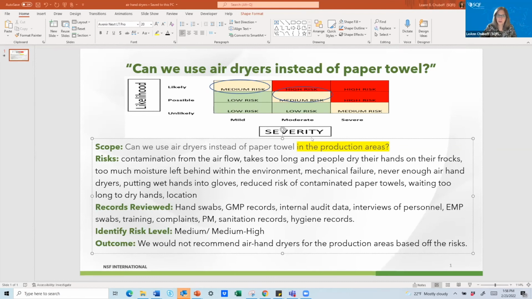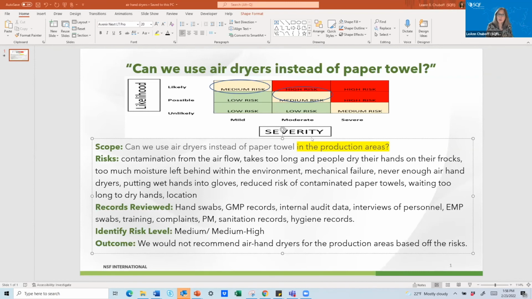So we did it in the production areas, and we came up with some super cool risks. Contamination from the airflow, which we know takes too long, and people dry them on their frocks. Too much moisture left behind in the environment, not just on the hands. It would make a difference if you're in a completely dry environment and you're exposing air hand dryers, introducing an environmental risk.